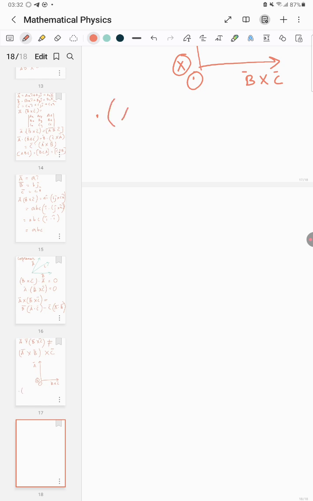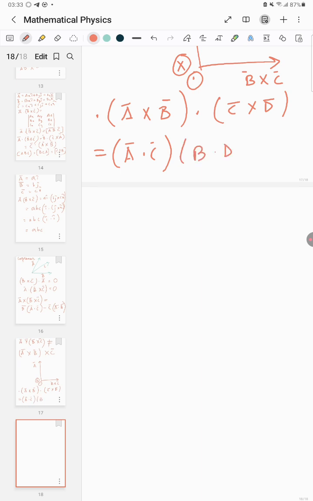Identity number one would be (A cross B) dot (C cross D) is nothing but (A dot C) into (B dot D) minus (B dot C) into (A dot D). Alright.